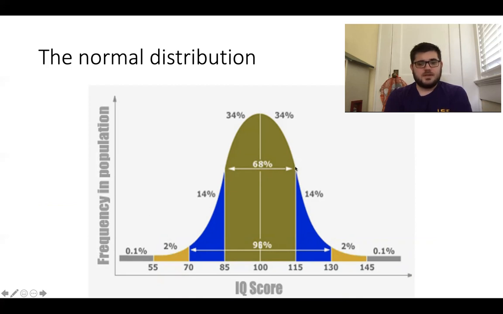Let's say 70. I think I said earlier, you're basically in the 70th percentile if you have a z-score of 1. If you have a z-score of 2, you're in the 98th percentile. That means 98% of people are below you on this variable. Also notice that a z-score of 2 cuts off the top 2% of the area under the curve.